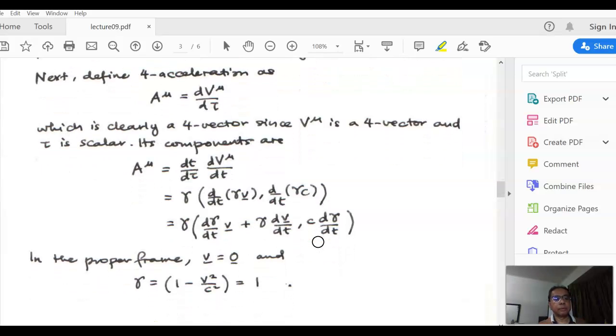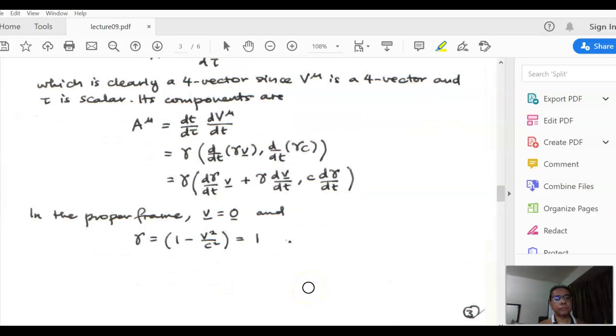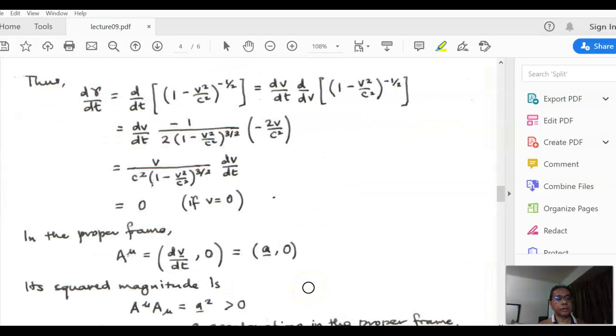Now, in the proper frame, one can assume that v equals 0, by definition. So you can see that in that proper frame, your gamma is actually a constant. Indeed, if you take the derivative of gamma in general, this is no longer 1.